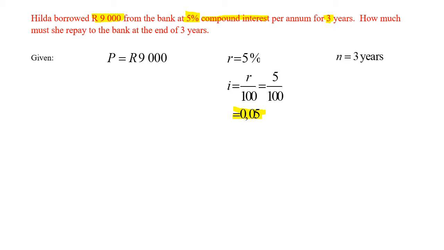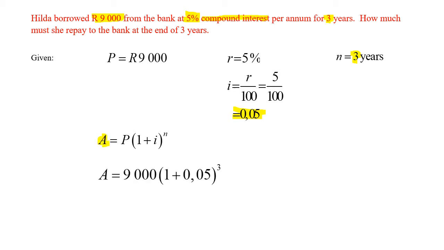I also know that the payment term is 3 years, so n is equal to 3 years. I put in the formula I am about to use: A is equal to P into (1 plus i) to the power n, and now it becomes simple substitution of what I know, remembering that I have to calculate the value for A.